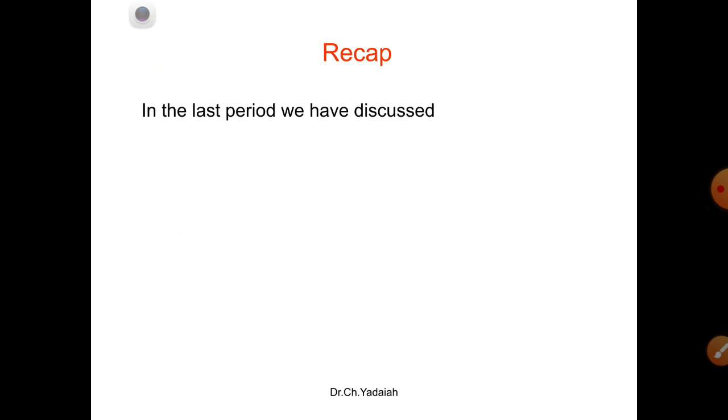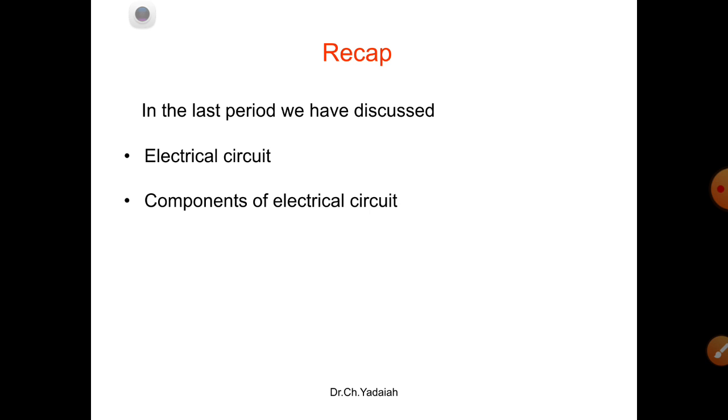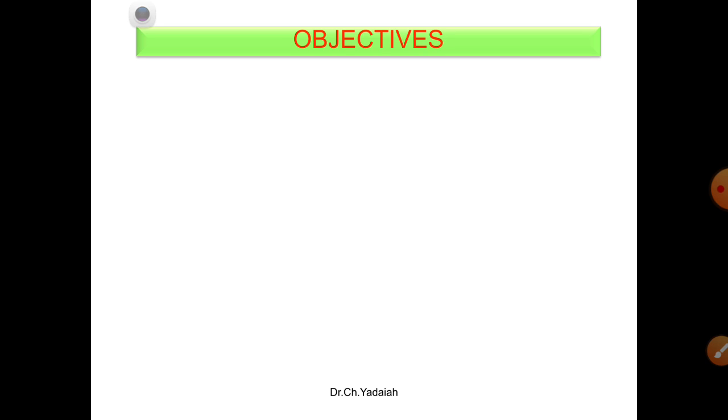So what we have seen in previous classes. In the last period, we discussed an introduction to electrical circuits, the components of electrical circuits, active elements, passive elements, active circuits and passive circuits, and node and mesh.